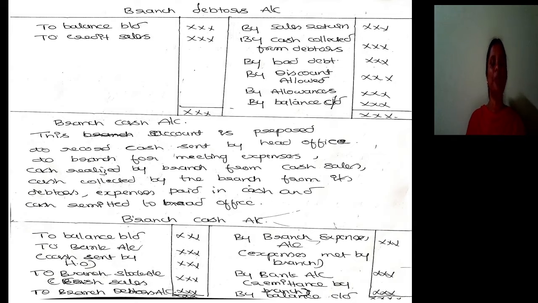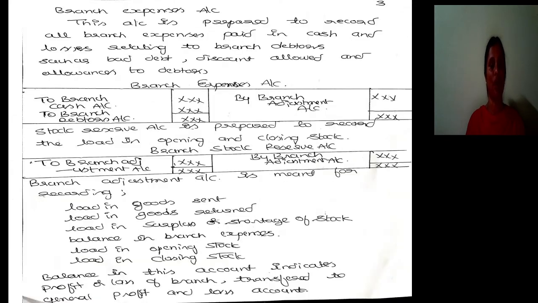This account is prepared to record cash sent by head office to branch for meeting expenses, cash realized by branch from cash sales and debtors, expenses paid in cash and cash remitted by branch to head office. All these cash related transactions between branch and head office will be recorded in the branch cash account.